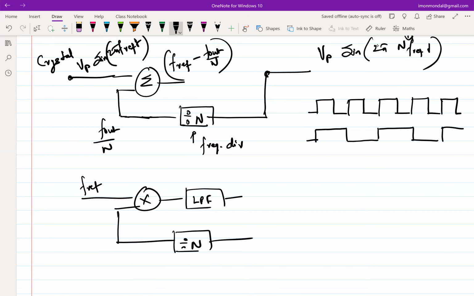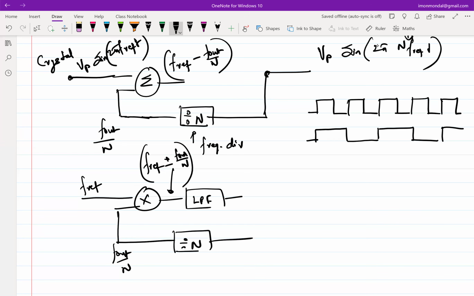So the tradition is, when you are writing the loop, you only keep the variables of interest in the loop. Voltage is not of interest, time is not of interest while finding out this loop. So we'll not keep track of that. So this is f_out over n. So here I have f_ref plus minus f_out over n, and then maybe other harmonics of these and so on, right?